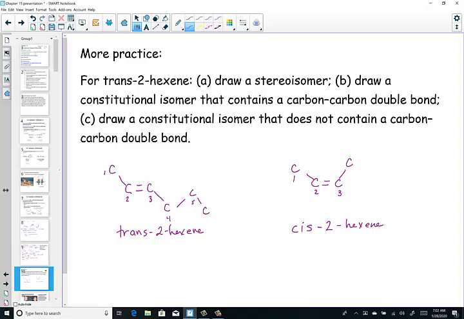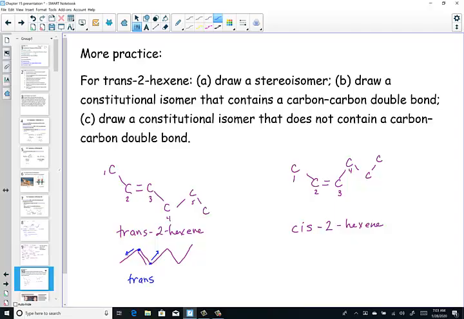So carbon 1, 2, 3, 4, 5, 6. So in terms of your configuration, this is a trans. Notice that that trans follows the zigzag, the two carbons in the double bond. One is coming up, the other coming down. That's the trans configuration.